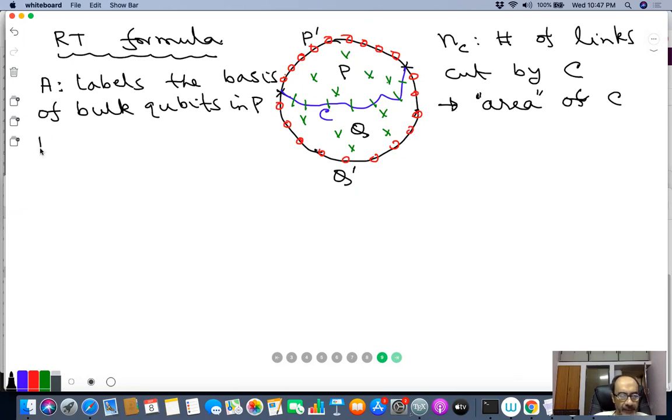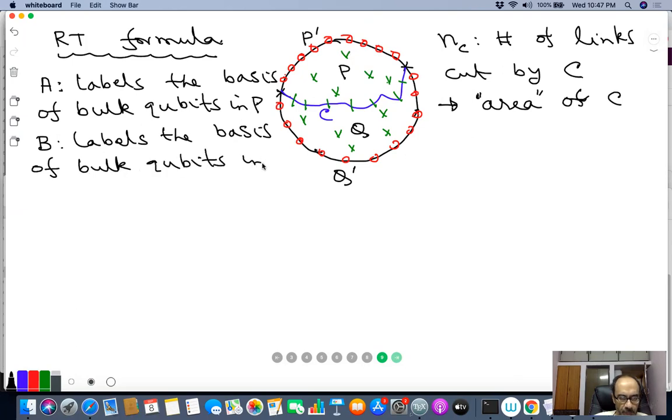Similarly, the index B will label the basis of bulk qubits Q. Then you have to introduce a basis for the boundary.